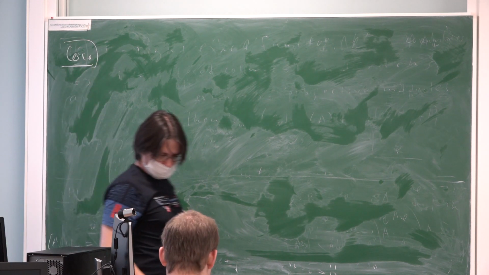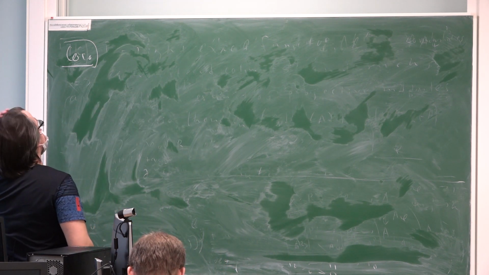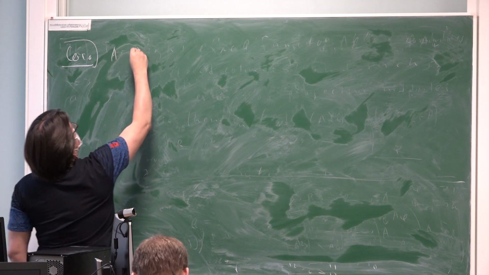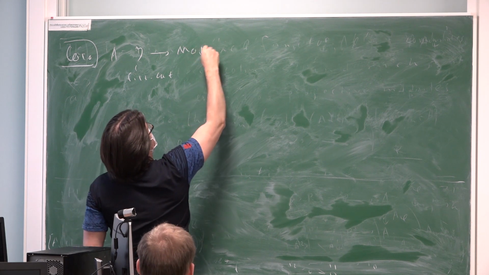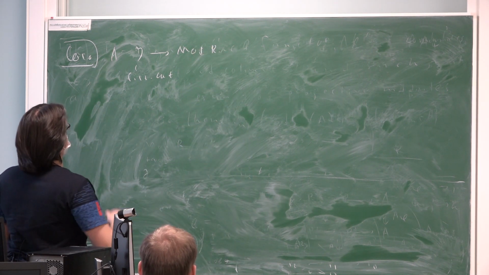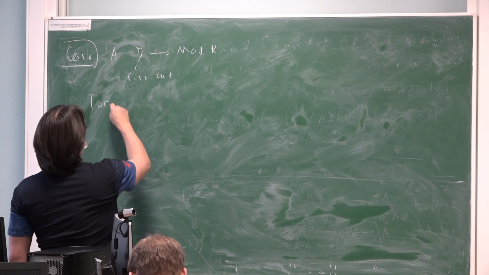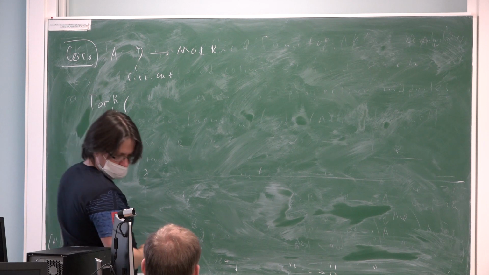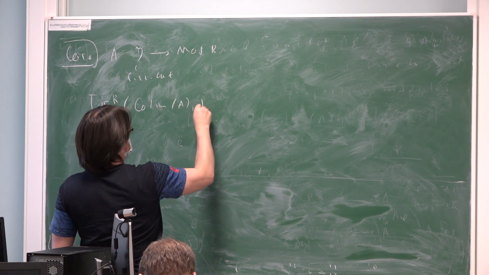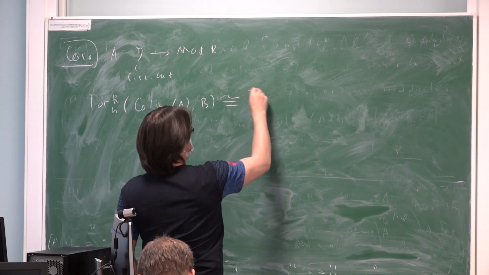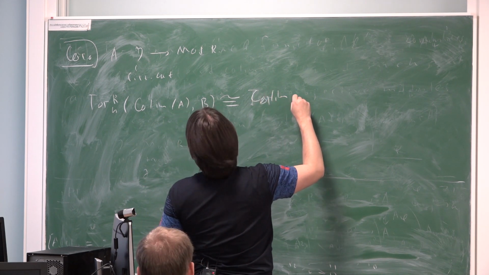As a corollary, we see that if we have some functor from a filtered category to mod R, then the Tor functor of the colimit of A and B is isomorphic to the colimit of Tor functors.